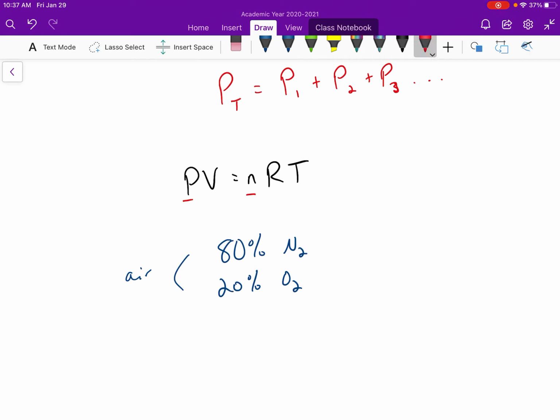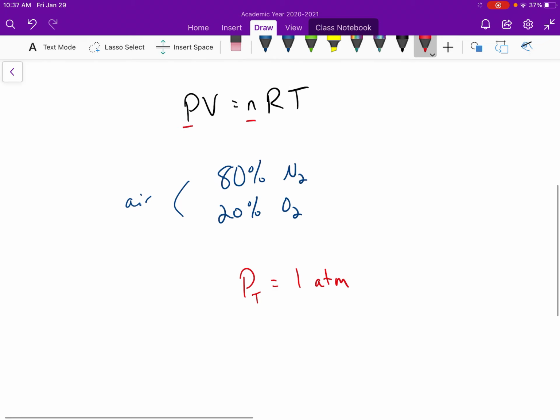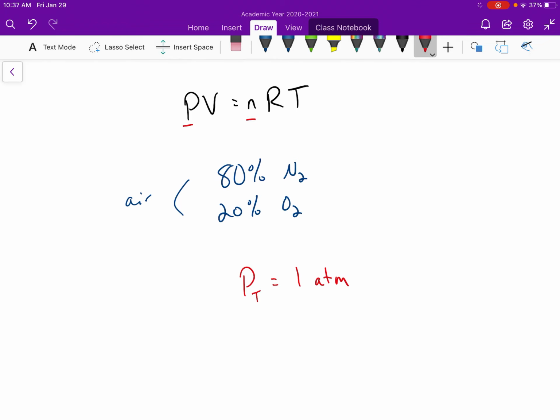So what does that mean for the pressure? Well, if I know that the total pressure is equal to 1 atmosphere because we're at sea level, how much of that pressure is coming from nitrogen and how much is coming from oxygen? Well, I know that 80% of the particles are nitrogen, which means 80% of the pressure is from nitrogen, right? And so what's my partial pressure of nitrogen here?